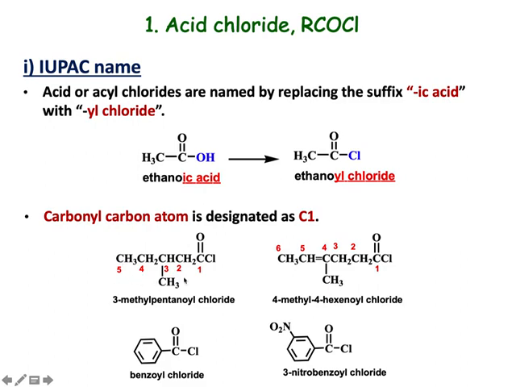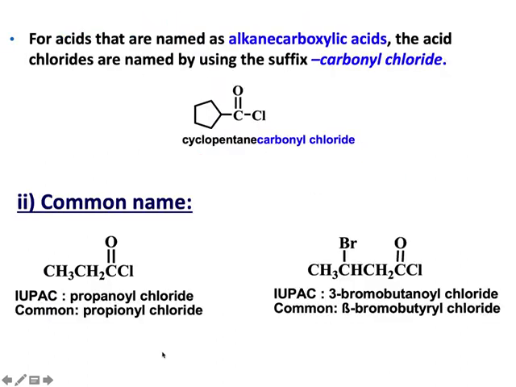So for example, C double bond O, and then the nearest is Cl halide, so this C double bond O becomes designated C1, and then followed with the nearest carbons C2, C3, C4 and C5. Okay, so here is some example for acid chloride.